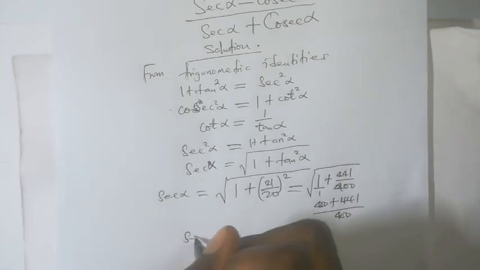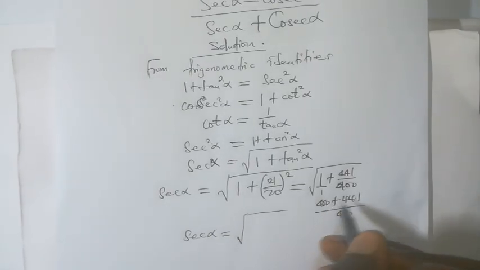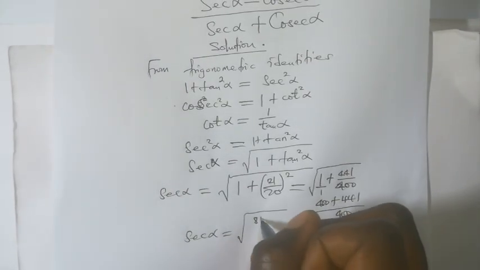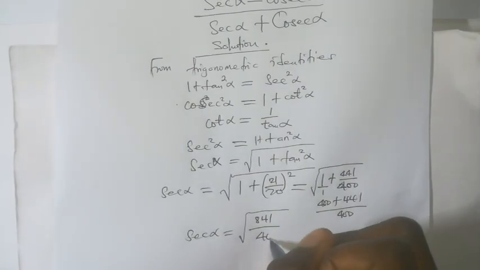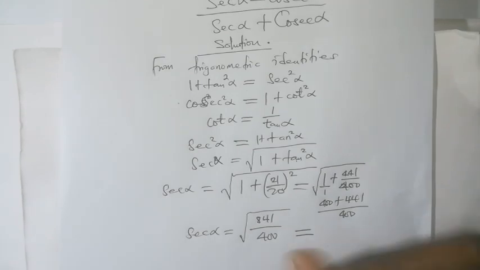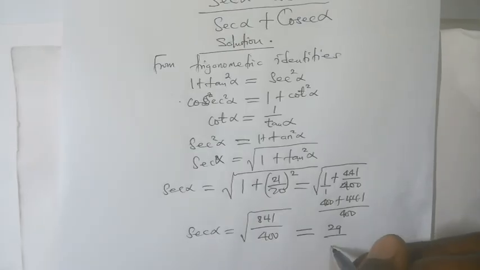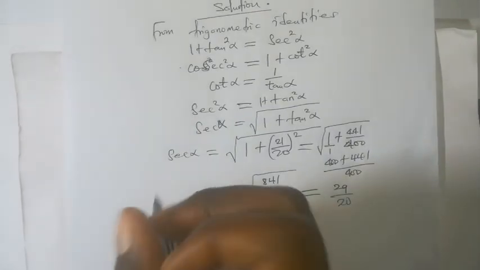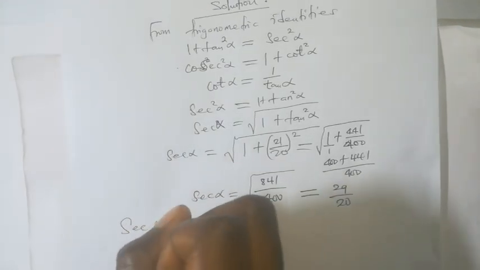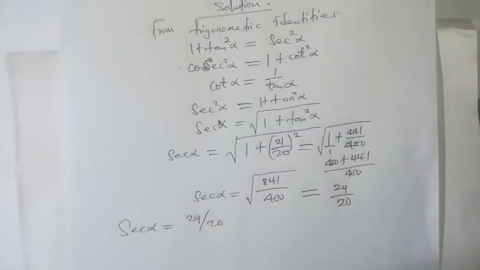So sec alpha is the square root of 841 over 400. The square root of 841 gives us 29, and the square root of 400 is 20. So our value of sec alpha is 29 over 20.